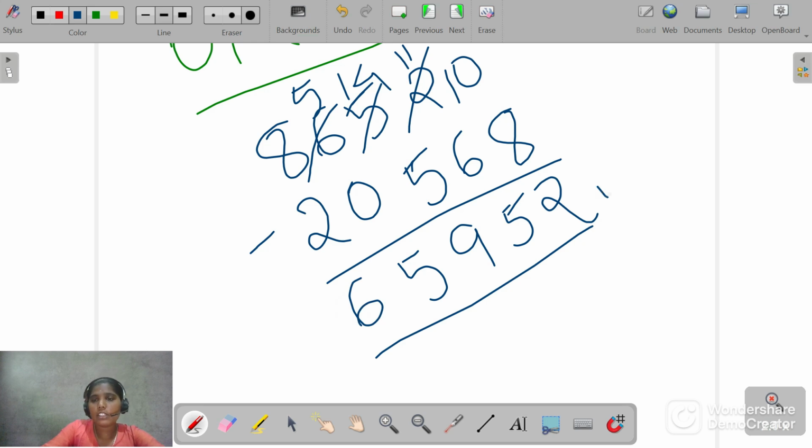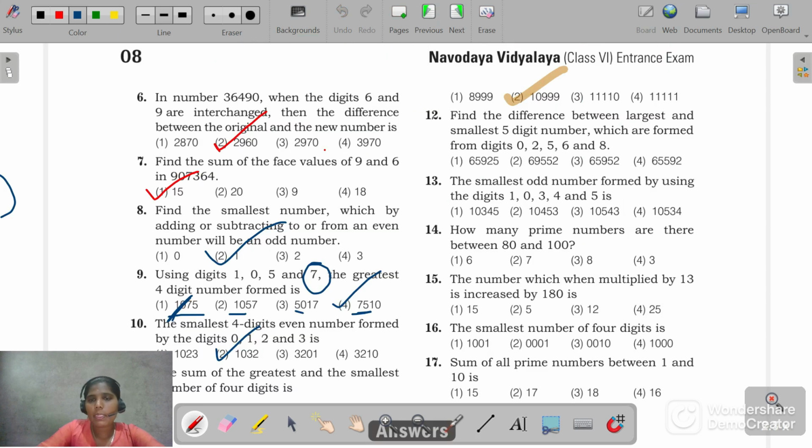So we have to find this particular answer in the options. That is 65952. Until we solve this particular question, we won't get the answer. So after solving all that, we got to know the answer, that is 65952.